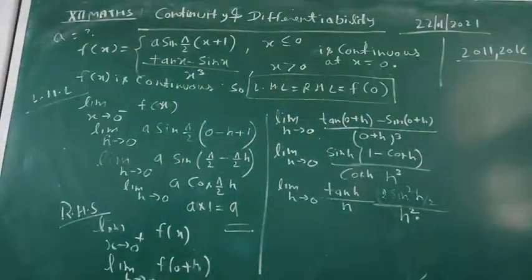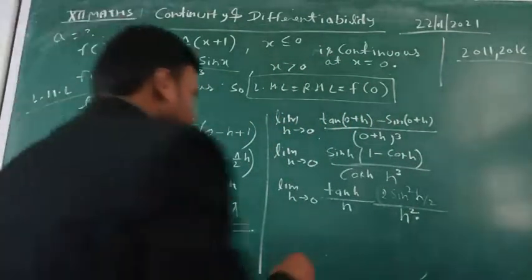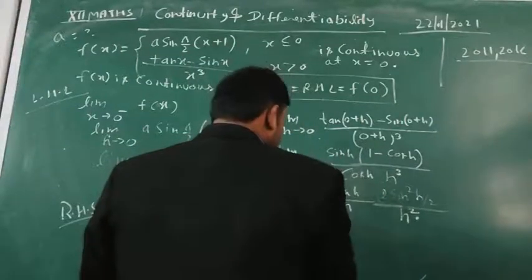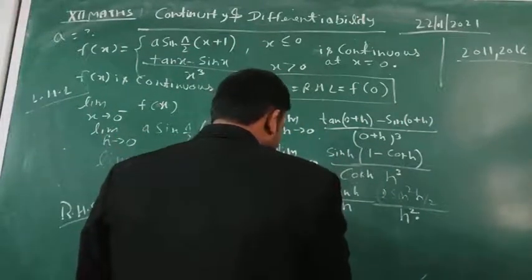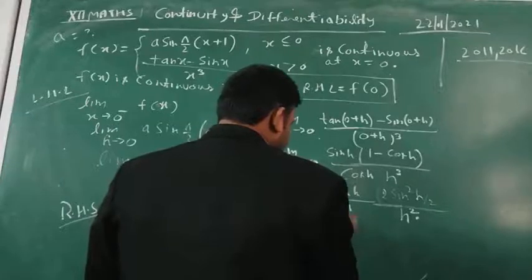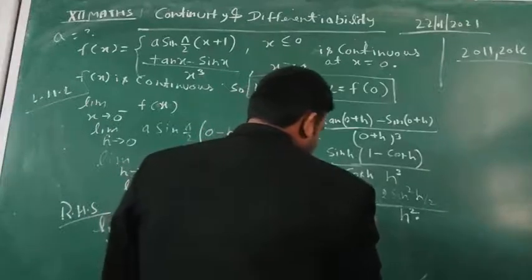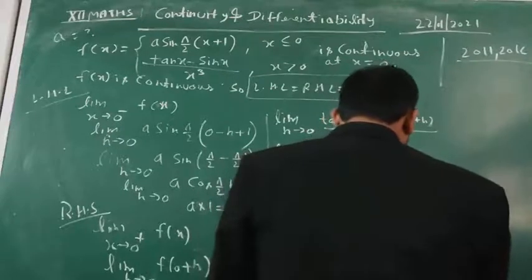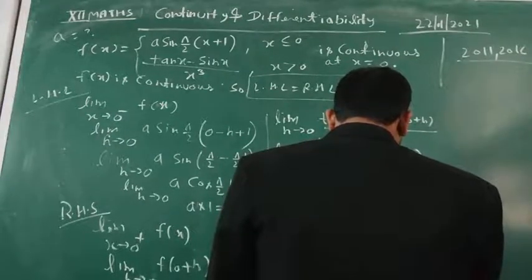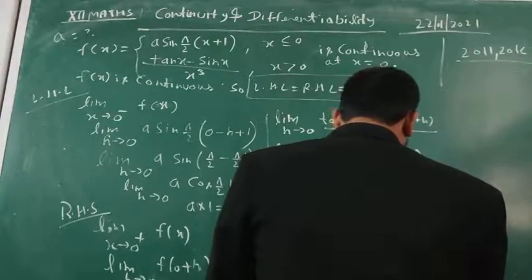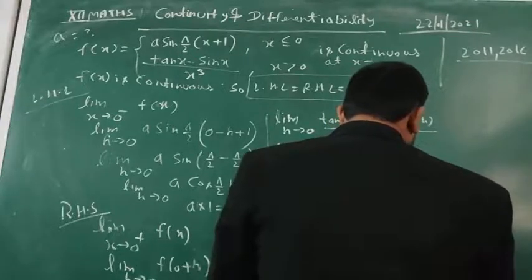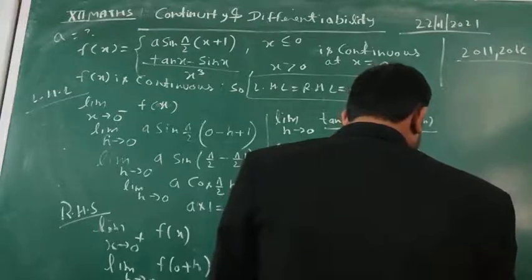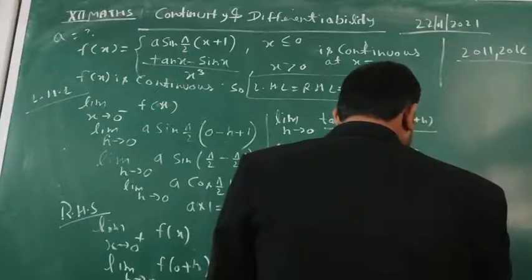Now we write this part will be equal to 1, we take the limit with both the parts, we get limit h tends to 0 tan h by h, and we send this 2 to the left; in the denominator we get limit h tends to 0 (sin h by 2 by h by 2) square.